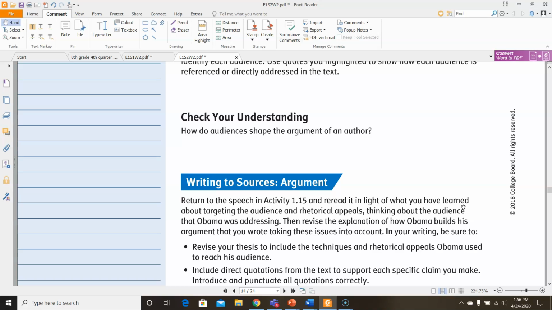So you're supposed to think about what an author does differently depending on whom they're speaking to. You're going to want to put yourself in the shoes of an author and pretend like you're writing to various audiences to really understand how they shape their argument in order to appeal to specific audiences.